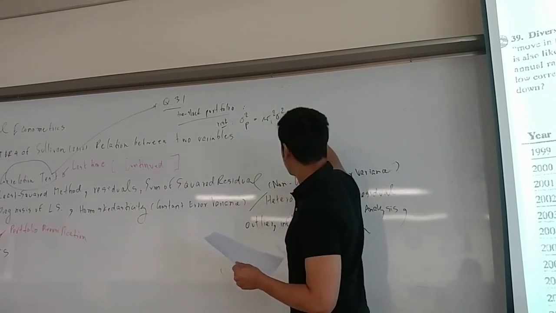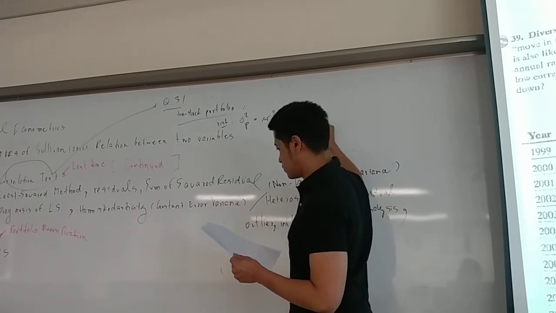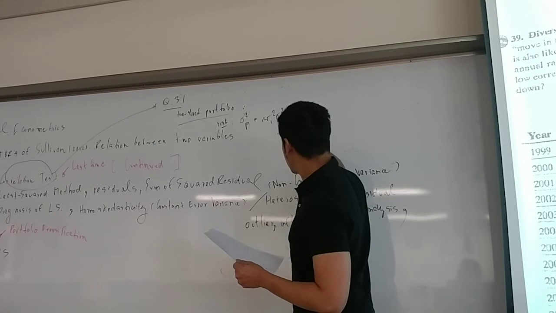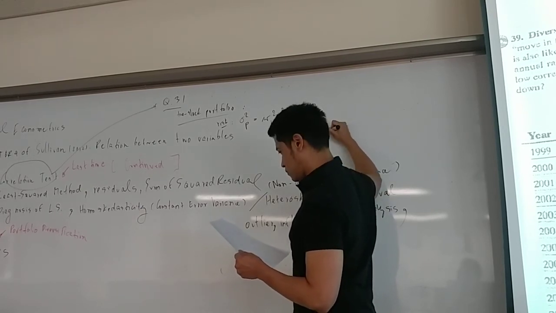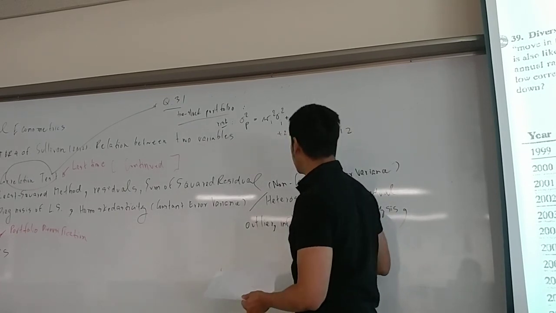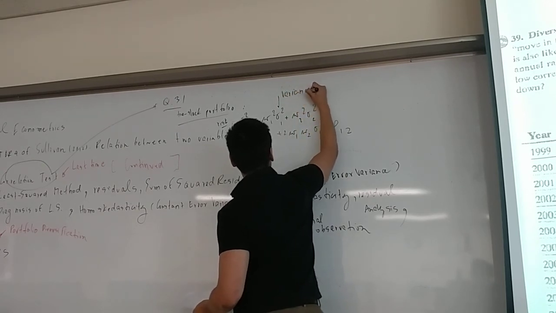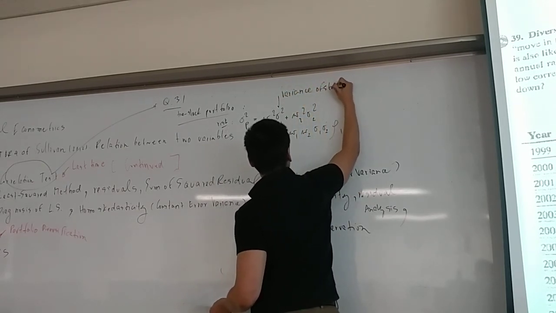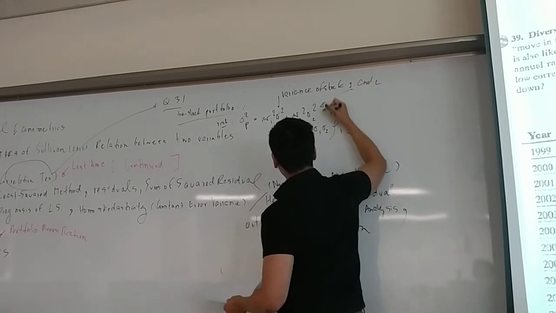Okay? Plus, now notation. Of course, this is the variance of stock 1 and 2. You see?